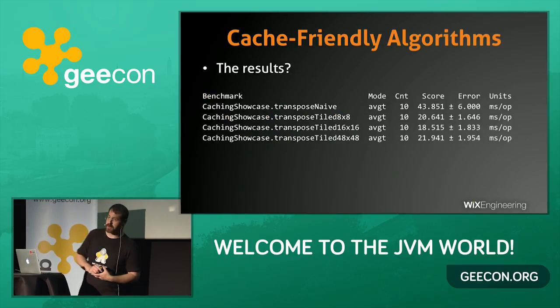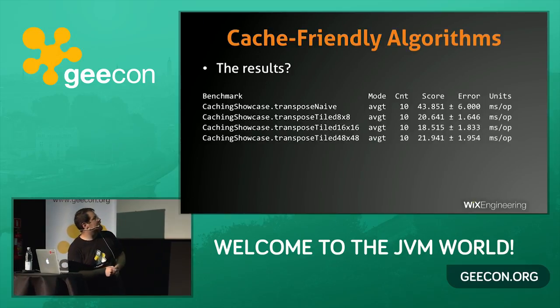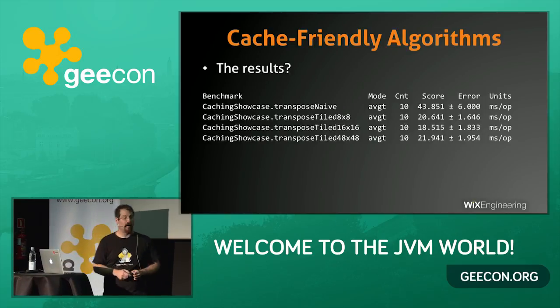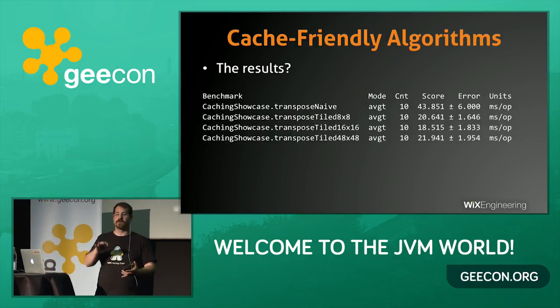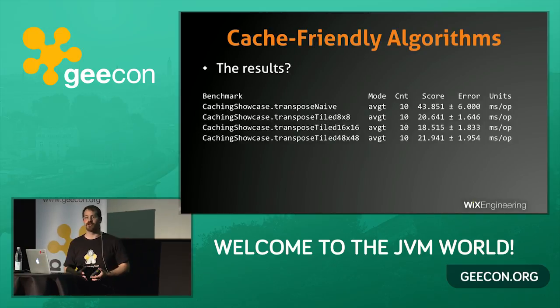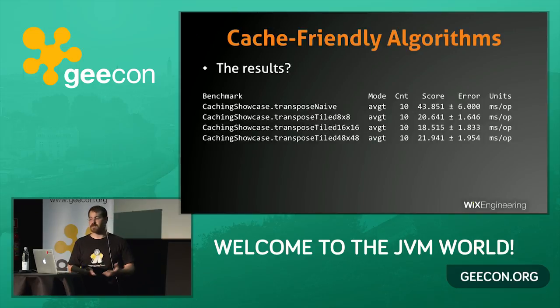Let's have a quick look at, once again, JMH benchmark results. We have our baseline naive rotation version. That takes about 43 milliseconds to rotate a 4K image of a cat, assuming that's what that was. And then you have your various block sizes. You might decide on 8 by 8 pixels, 16 by 16, 48 by 48.